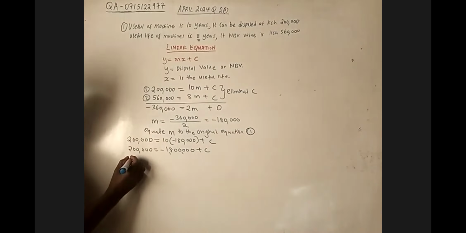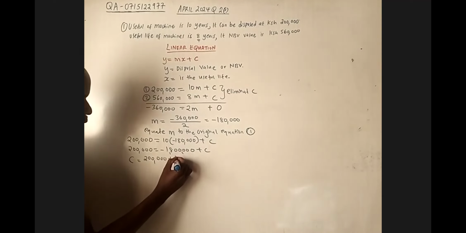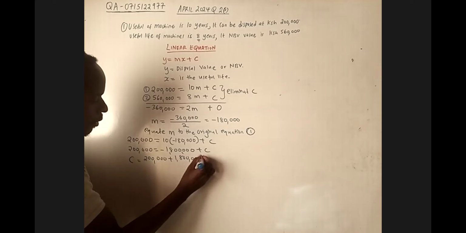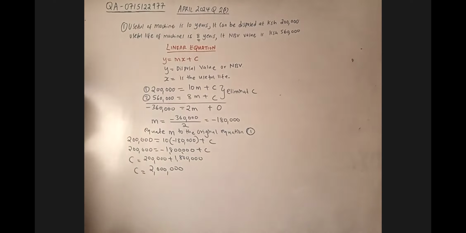So find the value of c. c will be equal to 200,000 plus 1.8 million. So the value of c will be equal to 2 million. Is that correct?